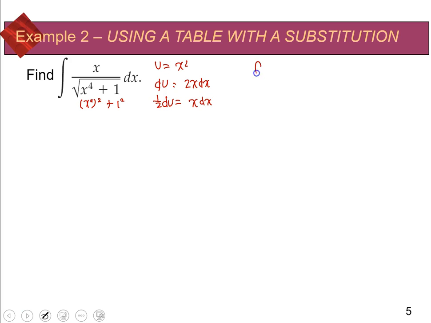And so ultimately, as we're going to see in the steps below, this is going to end up being 1/2 the integral of 1 times du over the square root of u squared plus 1, or 1 squared, if you want to think of it that way. And now it would fit one of the formulas we have there.